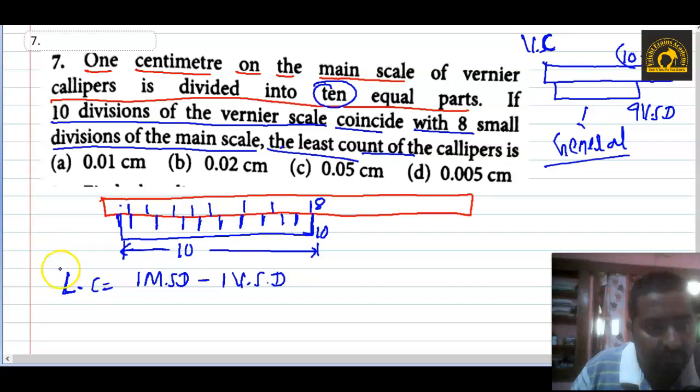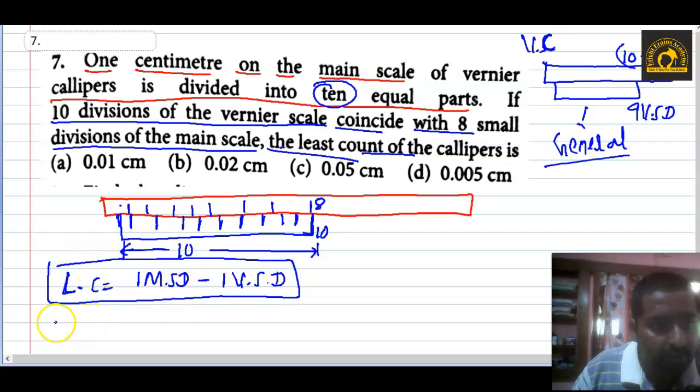So now put in the values. The main scale division, look at this, 8 small divisions, so the least count is 1 MSD minus 8 by 10 MSD.